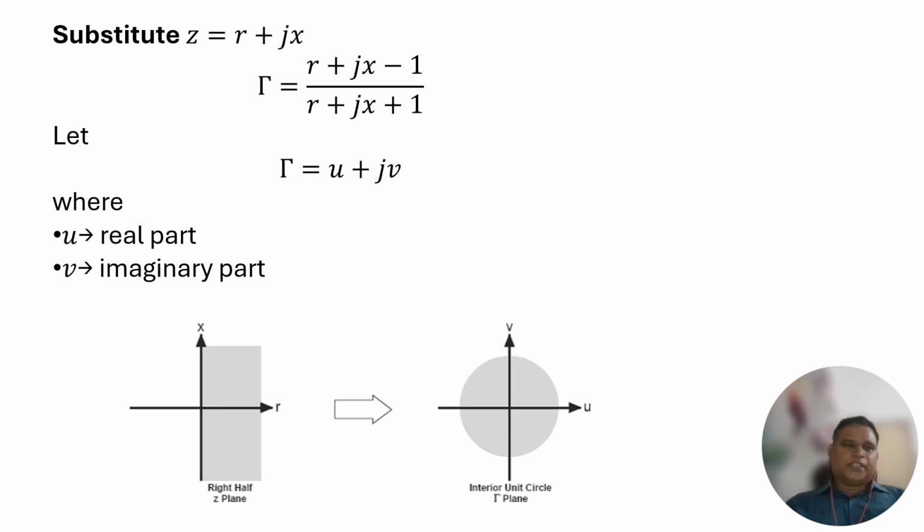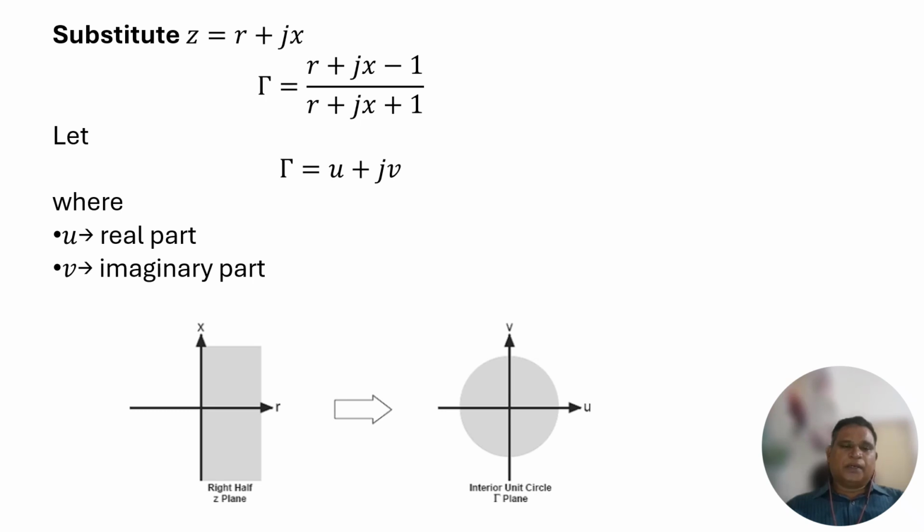Substituting z is equal to R plus jX in the reflection coefficient equation, now the reflection coefficient is equal to R plus jX minus 1 divided by R plus jX plus 1. Let us assume the reflection coefficient is equal to u plus jv, where u is the real part and v is the imaginary part.